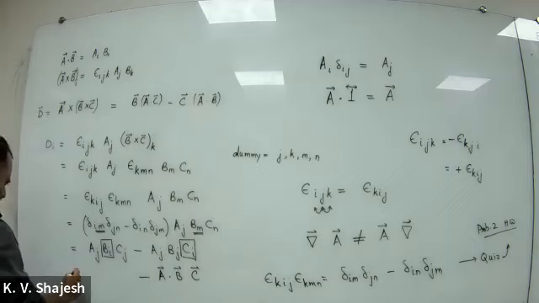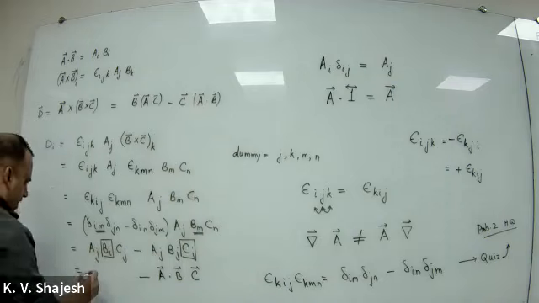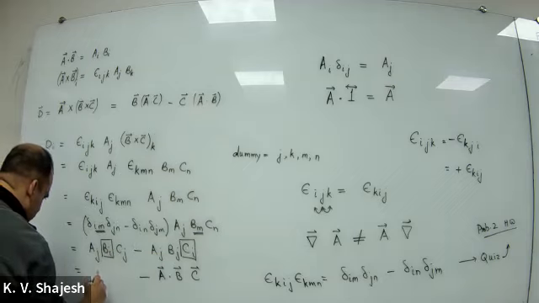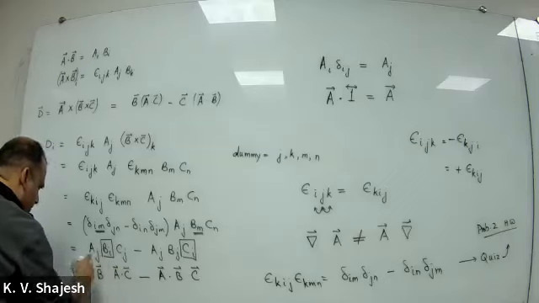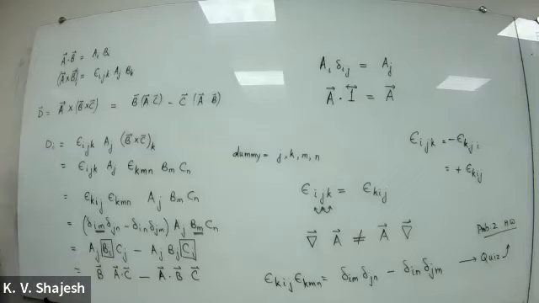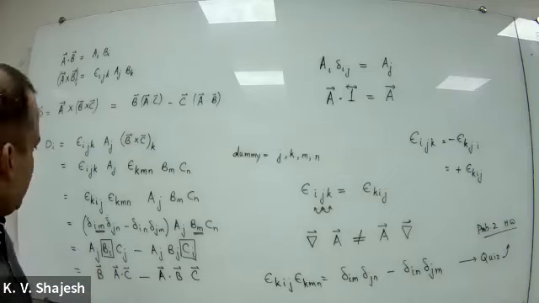And this one, only if I can move C across B and A, then I can write this as B, A dotted with C. Only if I can move B and A through it. That's not always possible. You will see situations where it's not possible. So let me quickly do that.